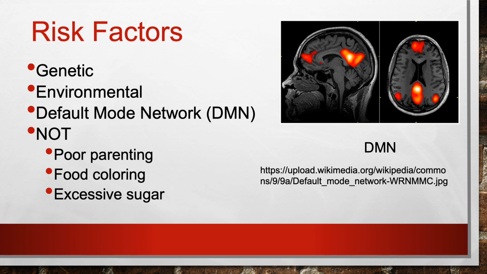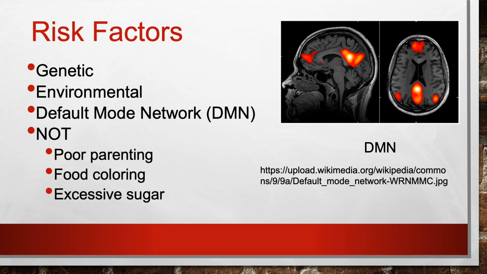Another thing is the default mode network. It's a key finding in ADHD brain research. In non-ADHD brains, the default mode network is suppressed when a person is actively being attentive to prevent external stimuli from causing distraction, impairing cognitive and motor control.